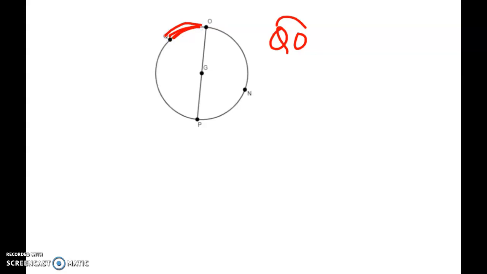If I said I wanted this, let's say arc ONP. Here's O, here's N, here's P. That's actually a semicircle. A semicircle has to use three letters as well, because if I said just OP, I wouldn't know if I meant this side or this side of the circle.